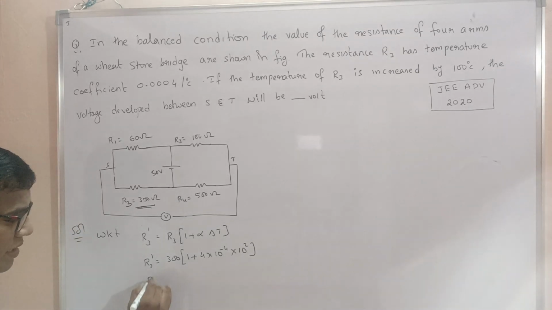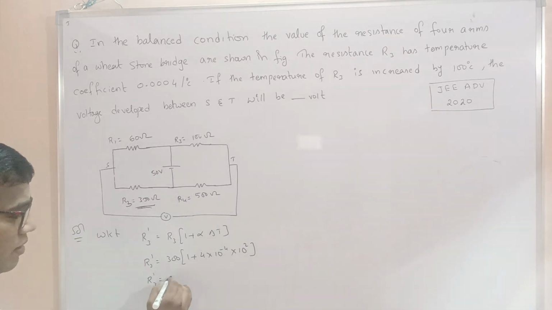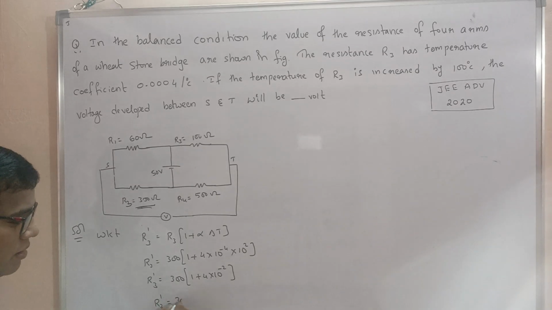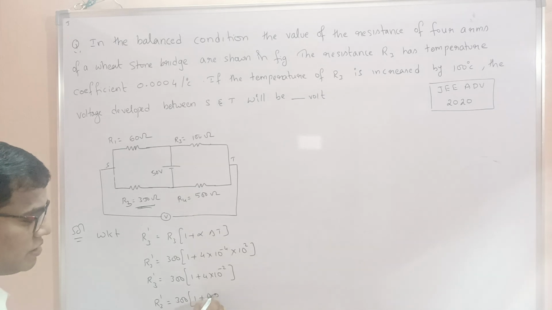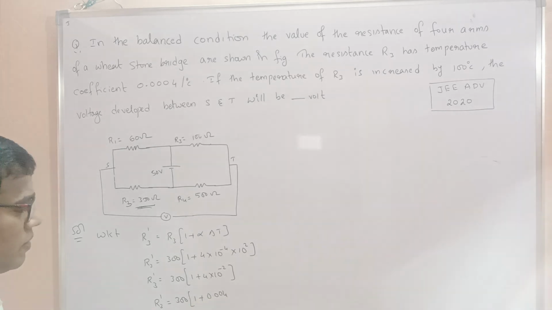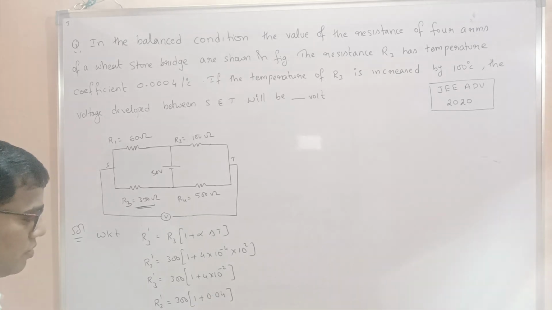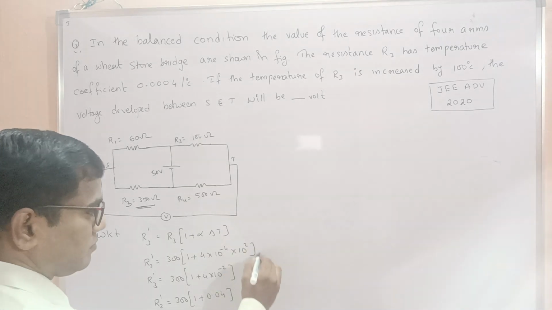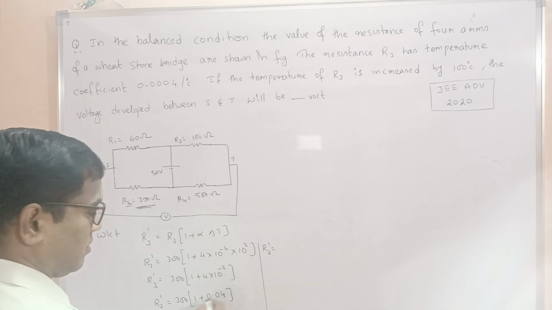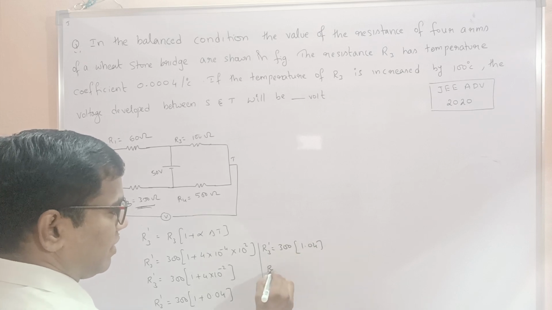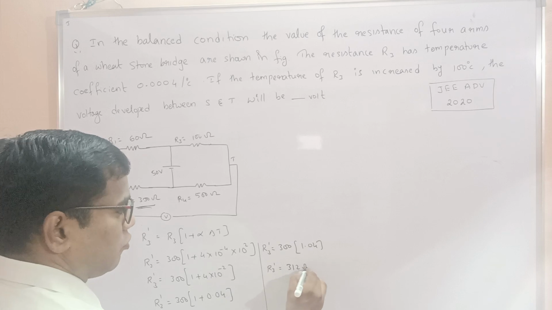So R3 dash can be written as 300 into 1 plus 4 into 10 power minus 2, that is 300 into 1 plus 0.04. Calculating, 300 into 1.04, we get R3 dash equal to 312 ohms.